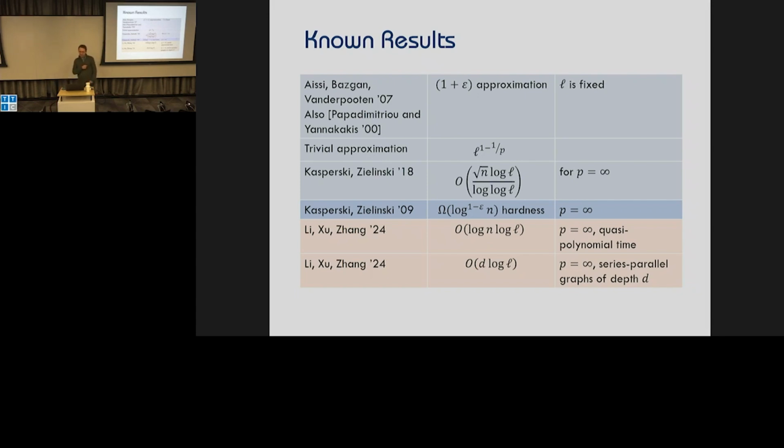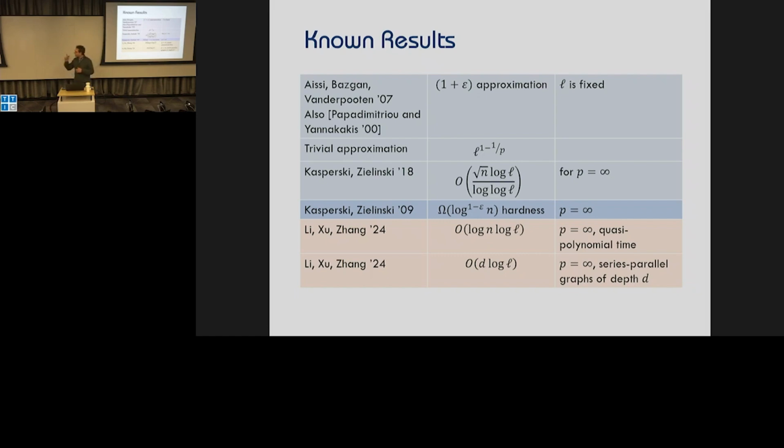So let me now tell you what is known about this problem and what we did. First of all, as I mentioned, there is a simple 1 plus epsilon approximation algorithm for fixed values of L, and there is a trivial approximation of L to the power of 1 minus 1 over p. We can also slightly improve it and get delta times L to the power of 1 minus 1 over p.